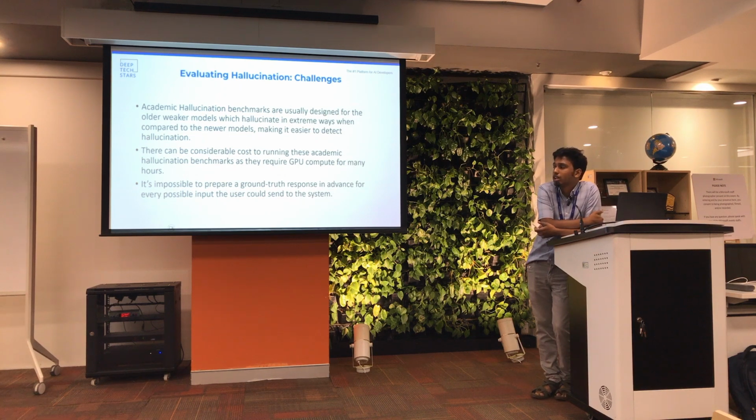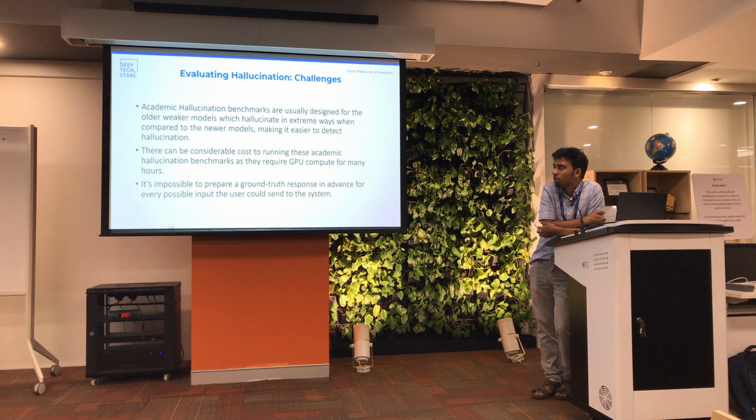Okay, now the challenges. Before ChatGPT and other such models existed, there were other models which hallucinated a lot, so detection was very easy. So the models that we already have to test hallucination do not perform well now.